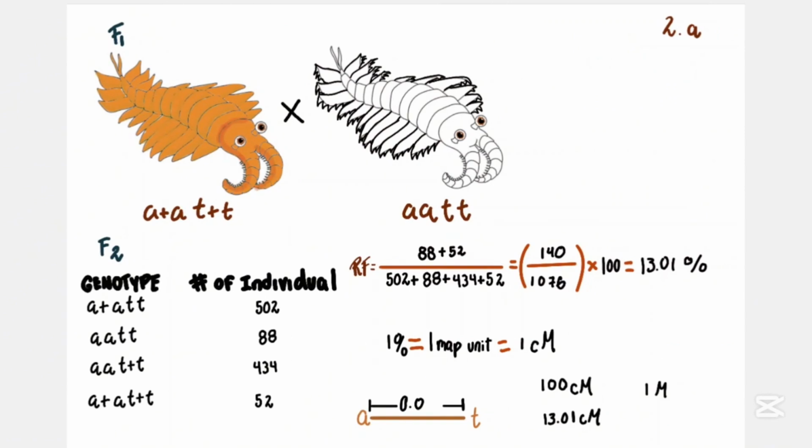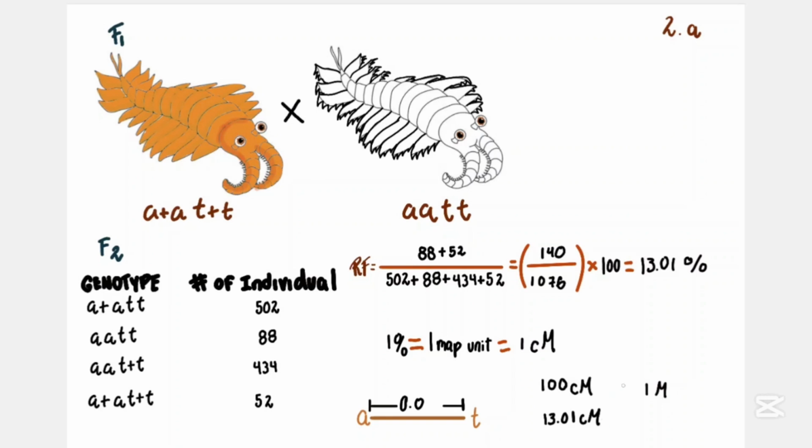Now, maybe you're confused about why this question is derived from the previous one. Well, our answer for question 2 is the base to solve what is the distance between genes A and T. Distances in gene maps are measured in either map units or centimorgans. 1% recombination frequency is equal to 1 map unit, and also to 1 centimorgan. Therefore, we have 13.01 centimorgans.